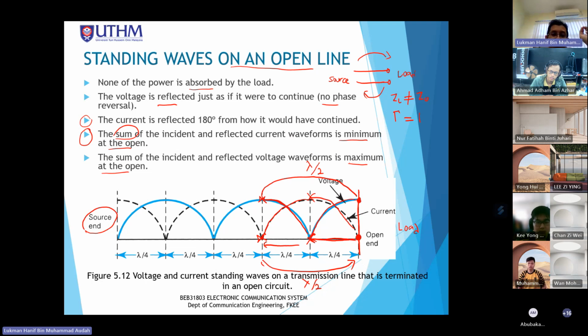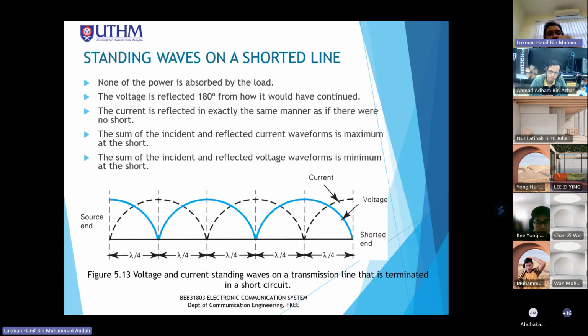And another one is this one, standing wave on a shorted line. We have asked this kind of question before. You have to explain what a standing wave is and how the standing wave behaves in a shorted line or open line. You need a simple explanation, and then you can sketch the picture in terms of voltage and current.